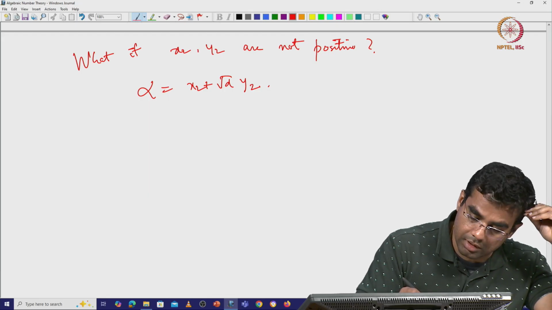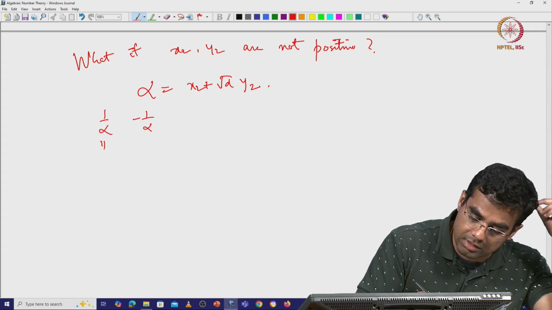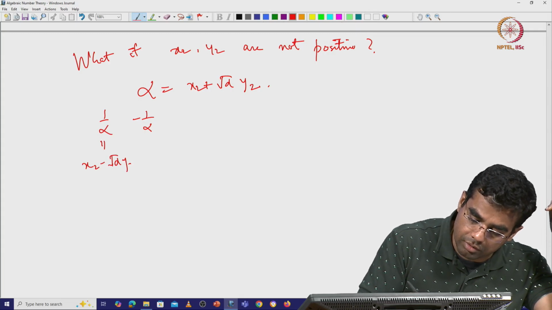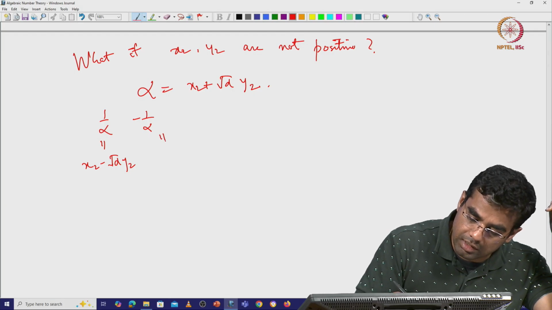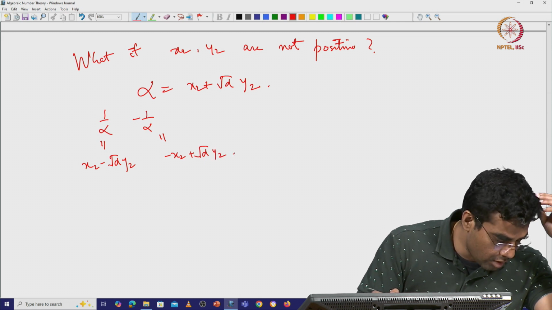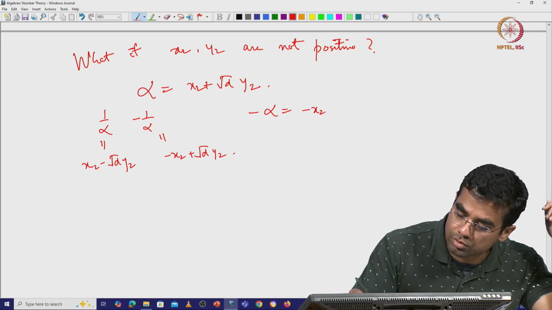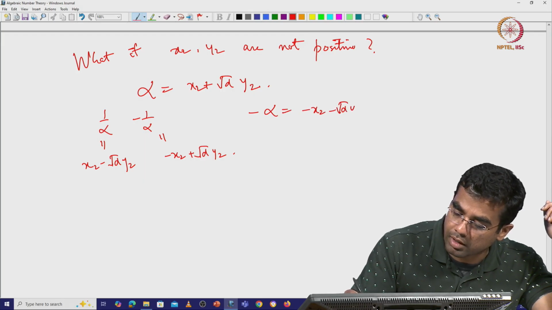So, you consider minus 1 by alpha. So, this is x2 minus square root of d y2, or you consider this, which is minus x2 plus square root of d y2, or you can consider minus alpha, which is minus x2 minus square root of d y2.